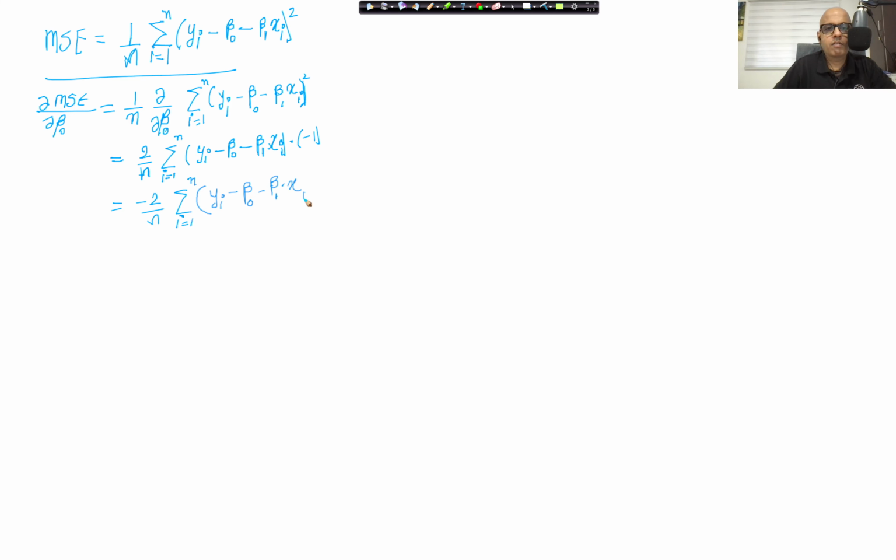So this is the equation that we have to compute this particular derivative, which is for beta 0. That is the partial of MAC with respect to the partial of beta 0. And that's the first equation we have.